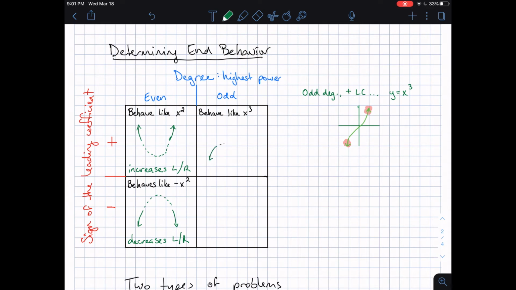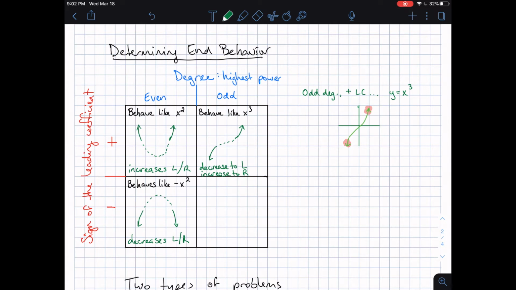To the left it's going to decrease, and we don't know what happens in the middle, but we know that to the right it's going to increase. So we'll say it decreases to the left, and it increases to the right. So if we think back to what happened going from x squared to negative x squared.